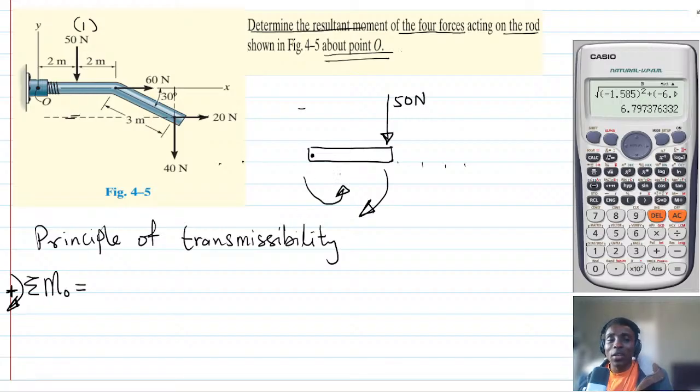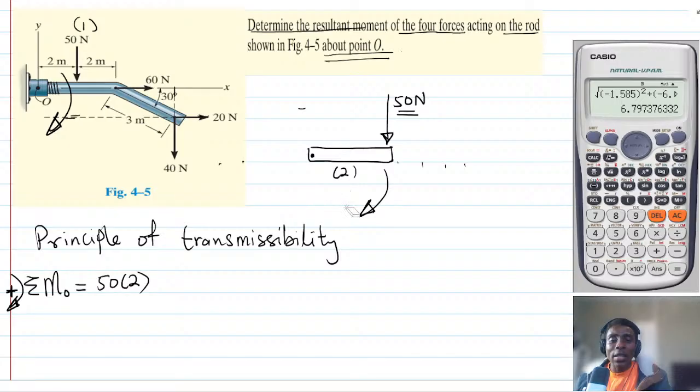If you are standing here and you apply this force on the bar, will it move the bar in this sense or the other way? So clearly it's going to be clockwise. And the magnitude of the moment is the force multiplied by the distance. So it's going to be 50 multiplied by 2.